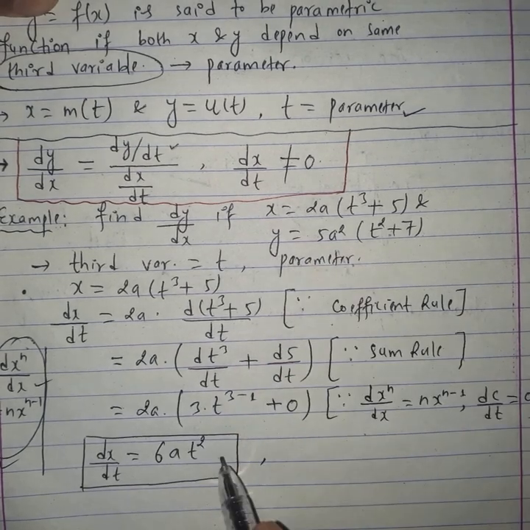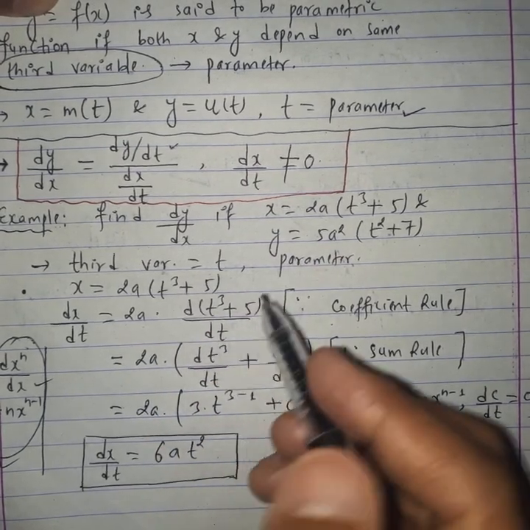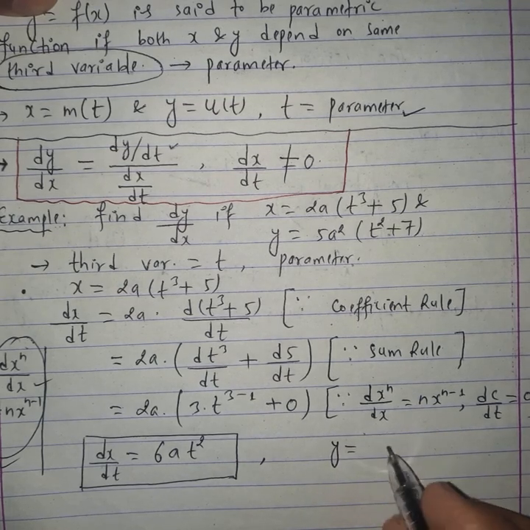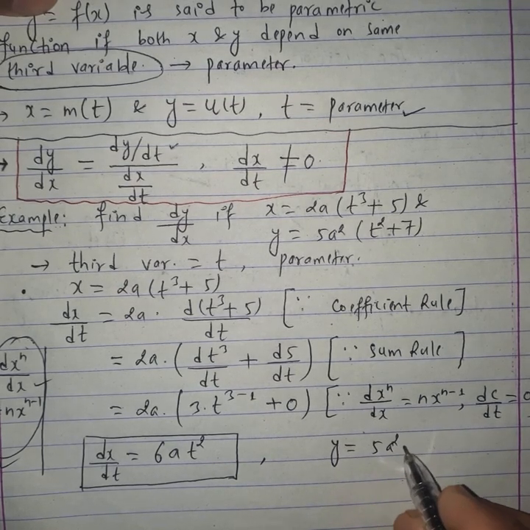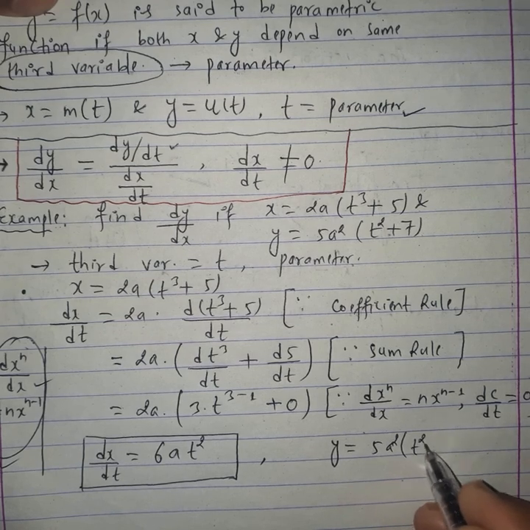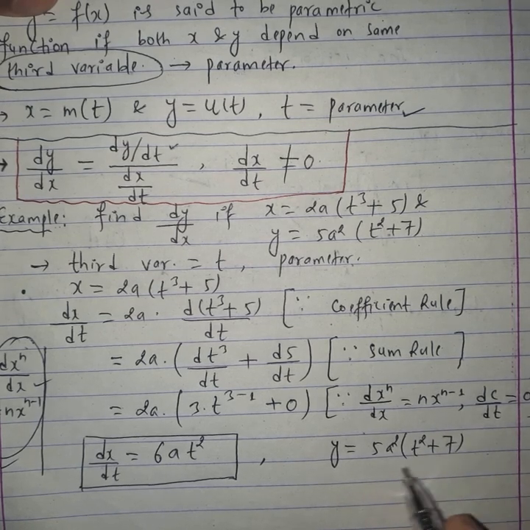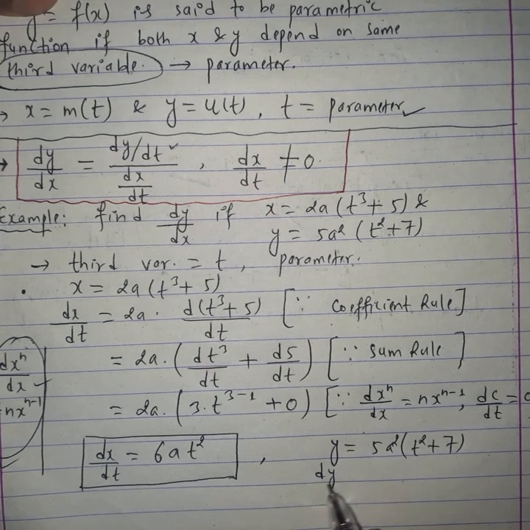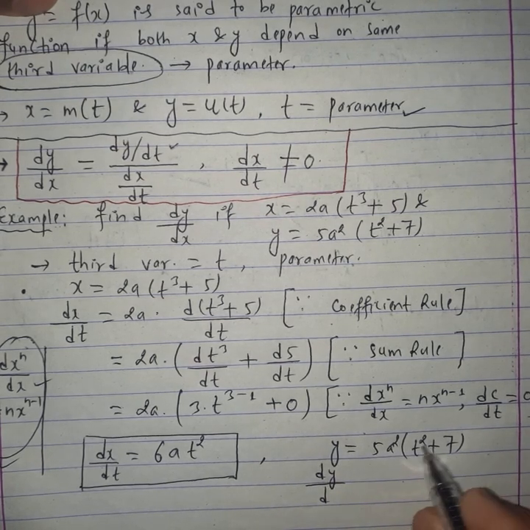Similarly, we can perform the same process on the variable y also. Let's take the variable y, which is here defined as 5a square times t square plus 7. It is expressed in terms of the third variable t here. Let's calculate its derivative with respect to the third variable.